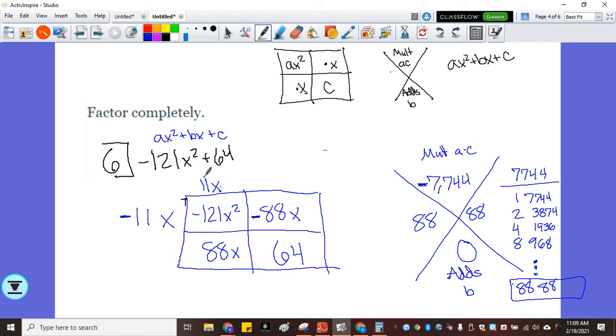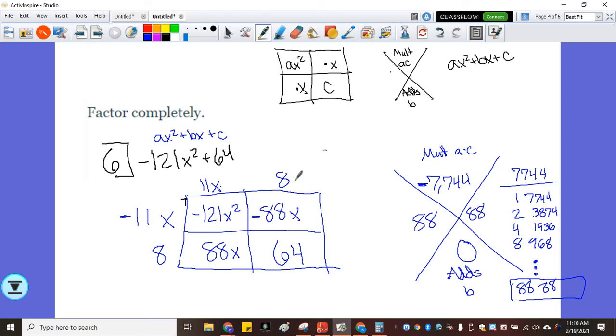So 11 times what gives me 88? Say it. 8. And it already has an x, so I don't need another x. If you have trouble thinking of that, use division. What's 88 divided by 11? Yeah, sorry.